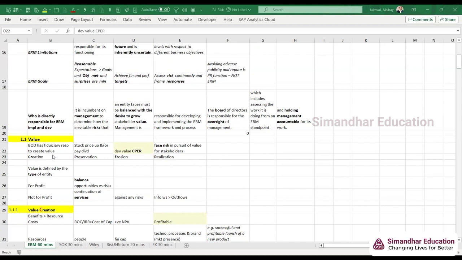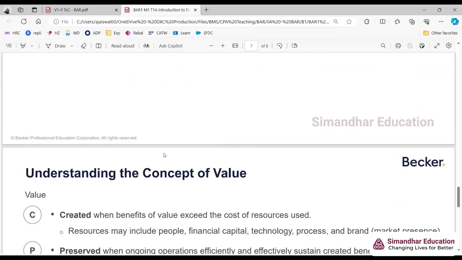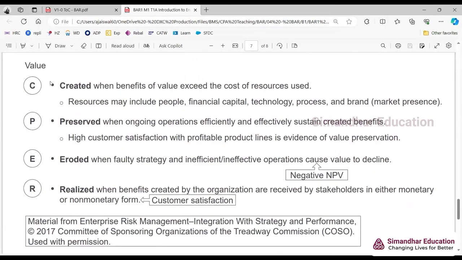So there are four concepts: creation, preservation, erosion, and realization. Now, what are these? We'll go one by one. Value is created simply when we are earning profits.